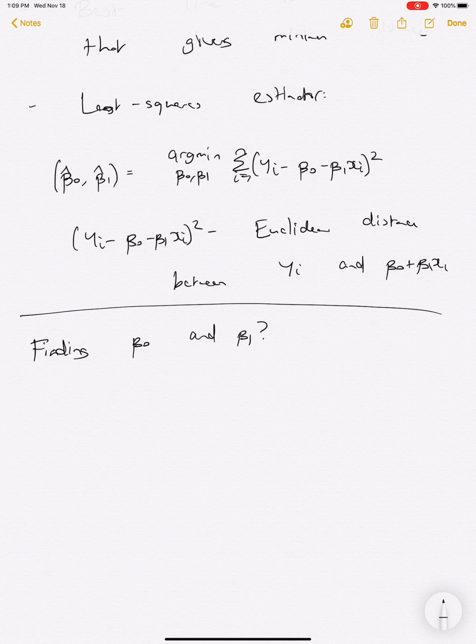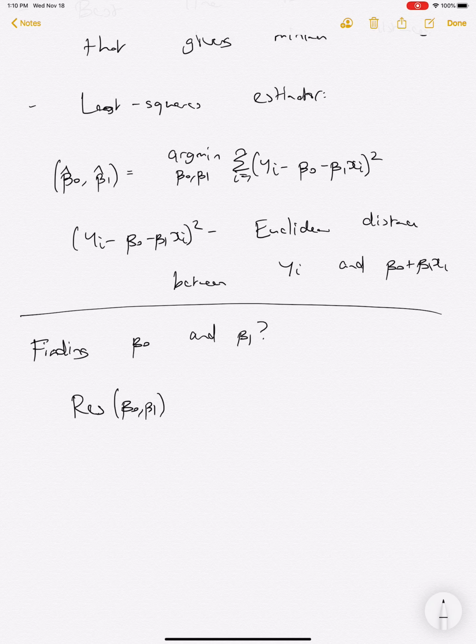So we have this objective that we want to minimize. So how do we do that? We do what we always do, which is to differentiate and set the derivative to 0. I'll call this the residuals, of beta 0, beta 1.